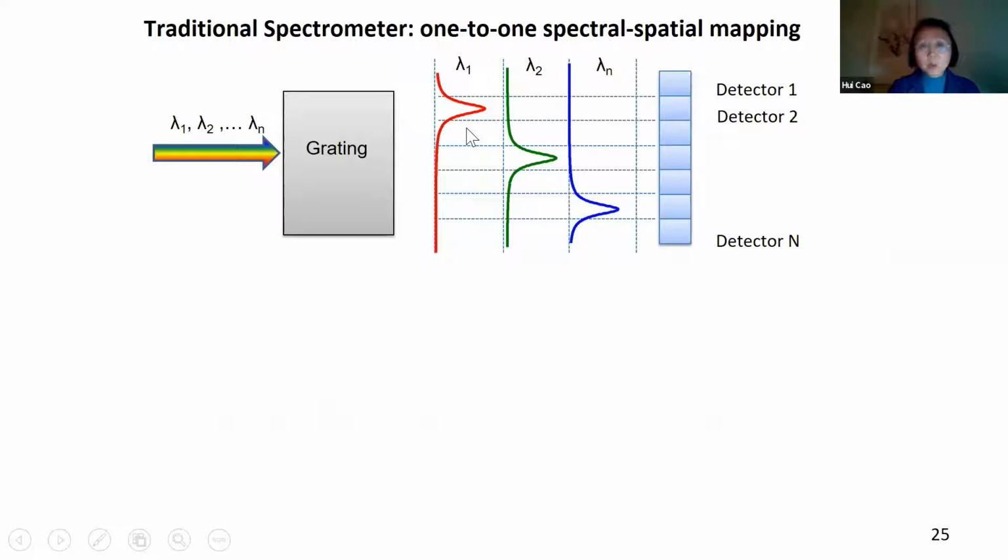In other words, one wavelength will be mapped into one spatial location through this grating. That's why each detector will measure a single wavelength. If we only have a few detectors, then we cannot measure, for example, lambda 1, because lambda 1 will never reach any of the detectors. So information will be lost.